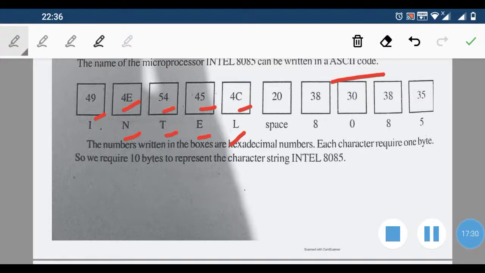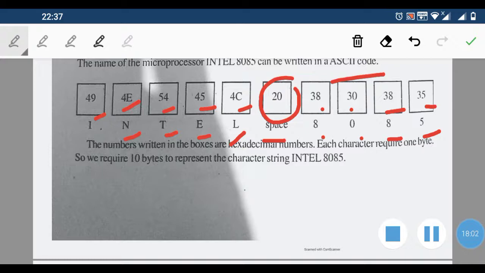Then another space between Intel and 8085, with hexadecimal code 20. For 8 we have 38, for 0 we have 30, for 8 again 38, and for 5 the hexadecimal code is 35. Similarly, we can express any character using this ASCII code.